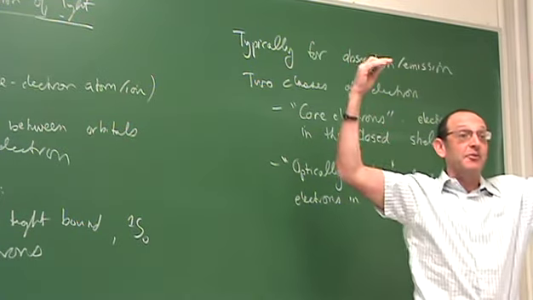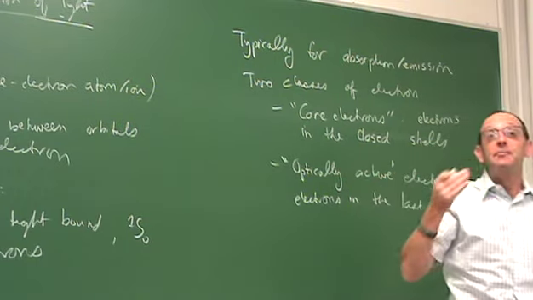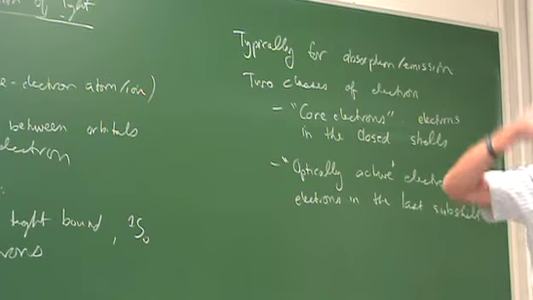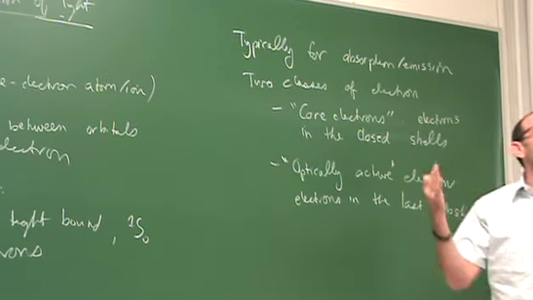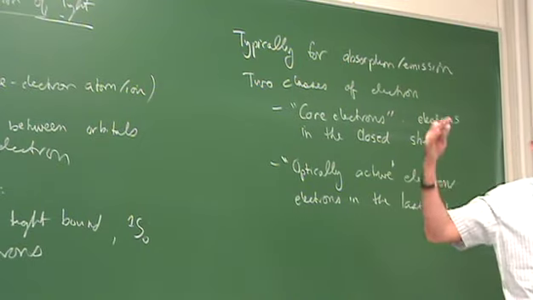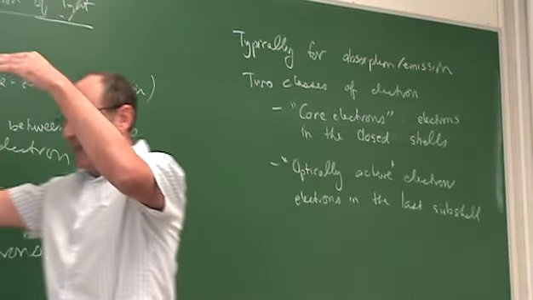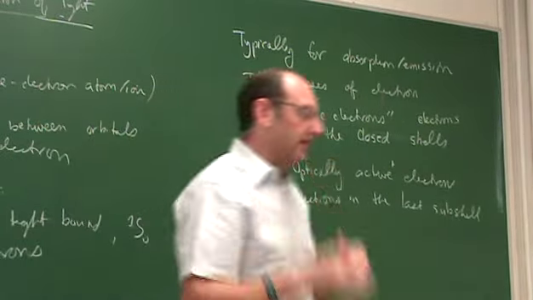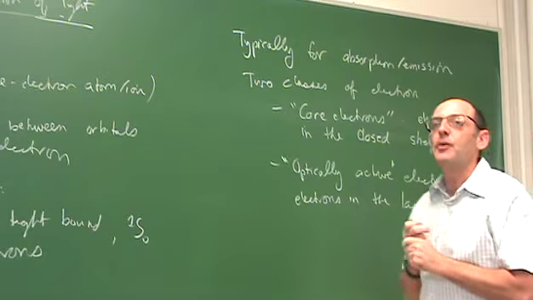If both of the electrons were excited, that's already in the continuum. So typically, it's only one electron in this last subshell which is optically excited. Although not always. In beryllium, there are configurations with both excited, and they can go down to other lower lying states with both excited as well.